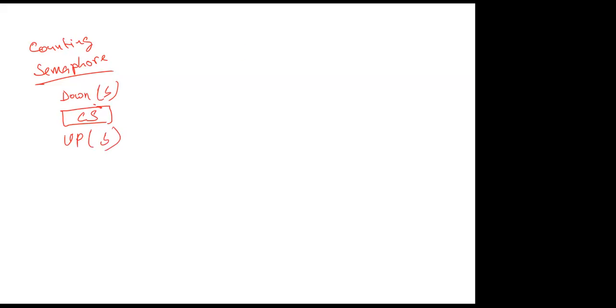Here is down. It has a semaphore parameter. What will the down function do? At first it will decrease the value of the semaphore, and then it will check if s.val is less than 0.